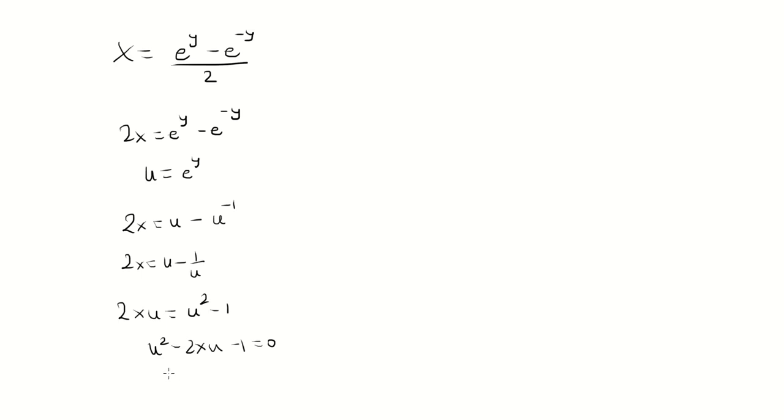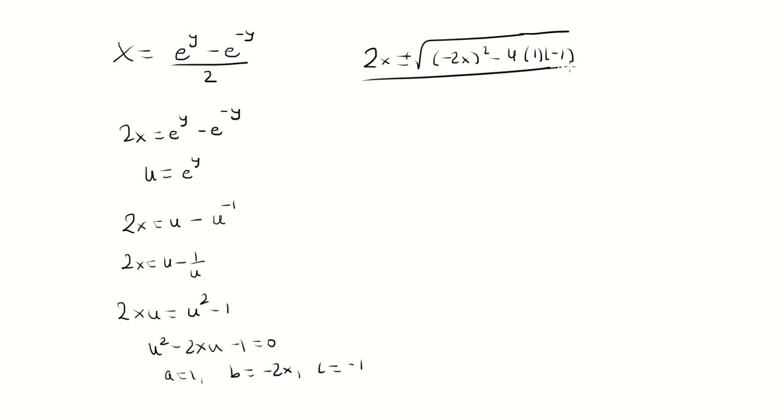So here, a is going to be 1, b is going to be negative 2x, and c is negative 1. So you have the opposite of b, plus or minus the square root of b squared minus 4ac, all over 2a. So again, this is what u is equal to.